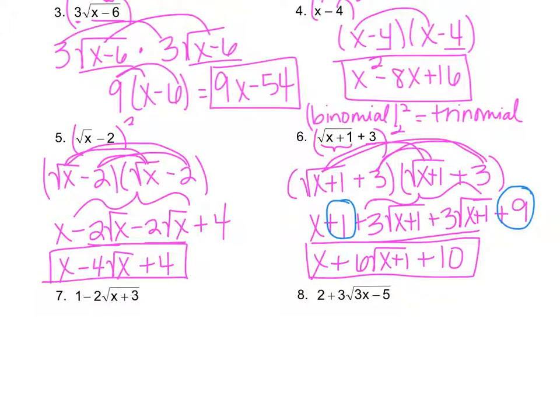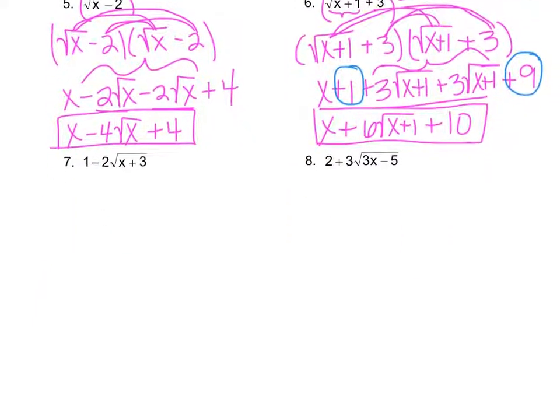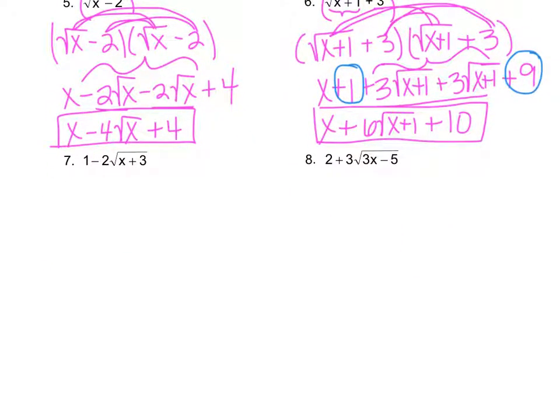All right, let's take a look at 7. So we're squaring it. Notice it's 2 terms because this is 1 term and then this is all 1 term there. So I'm going to use FOIL.